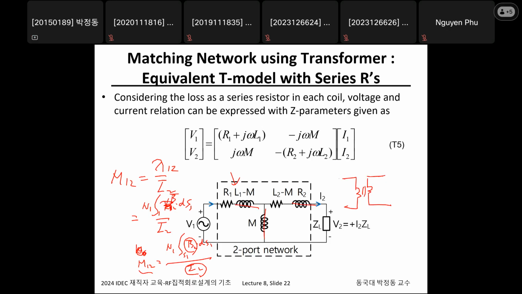It is not connected between port 2 and port 3. Understand? However, in the analysis, you may just use this, by using G parameter expression.